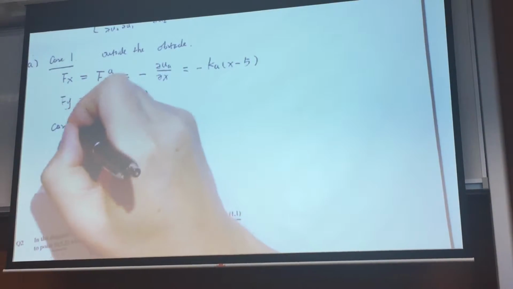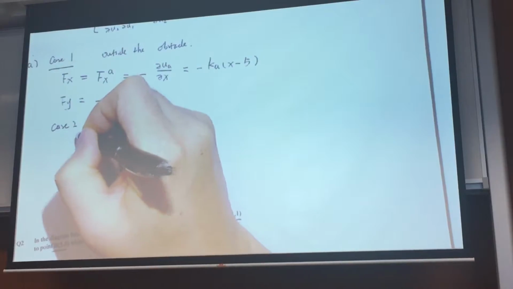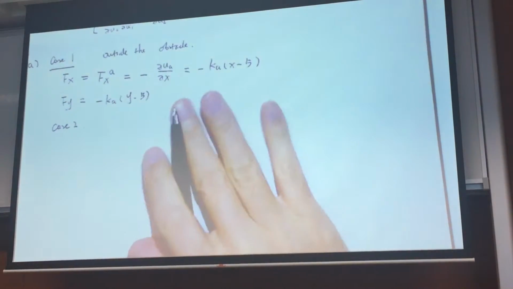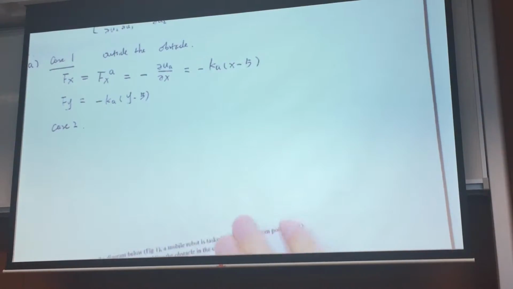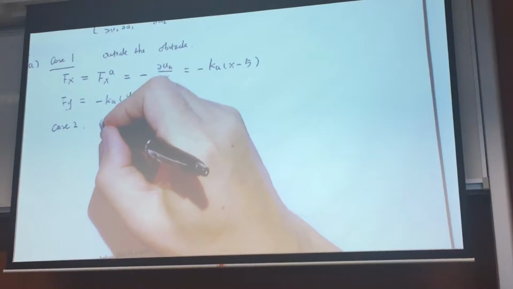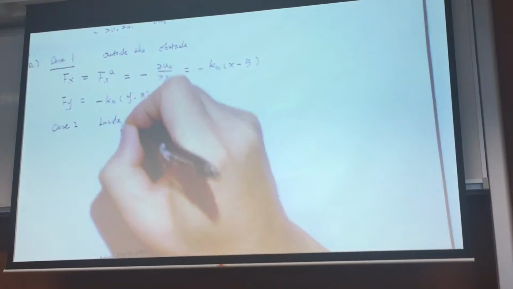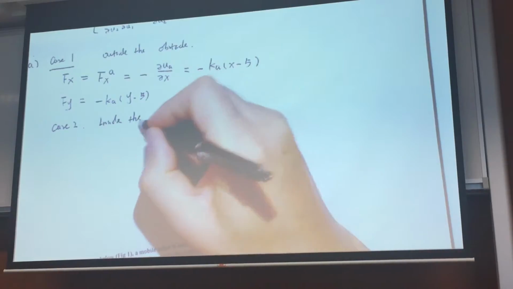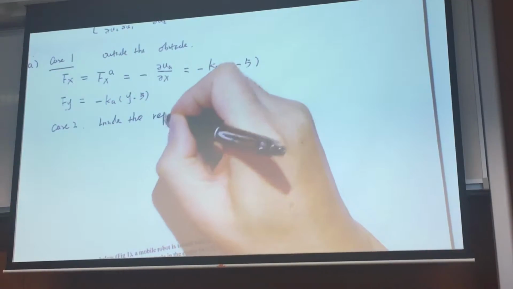For the second scenario, the vehicle is located inside the repulsive domain.